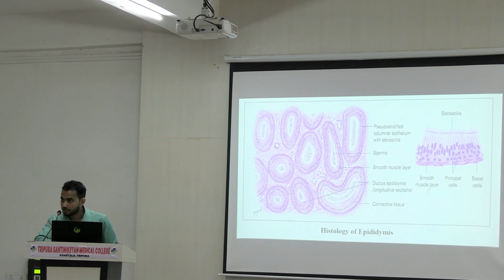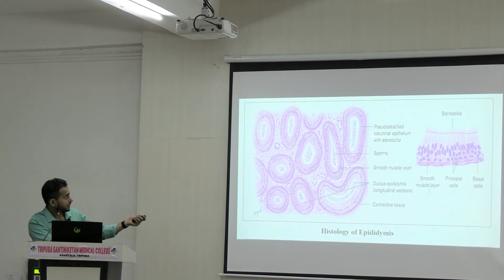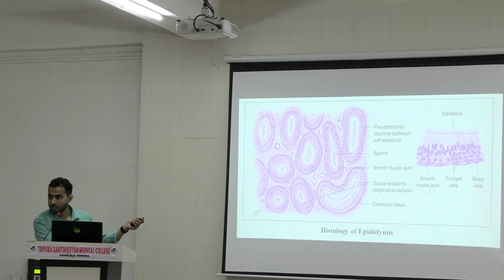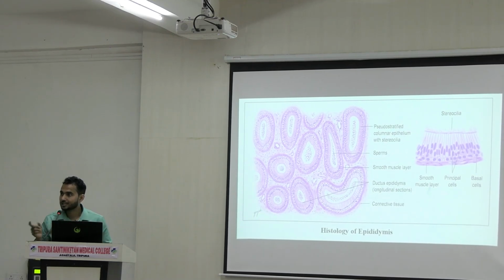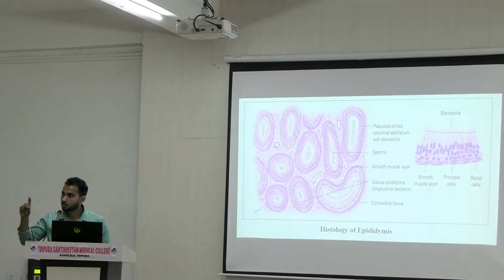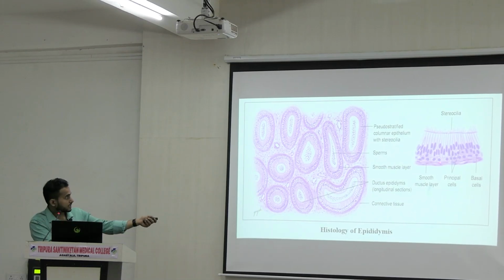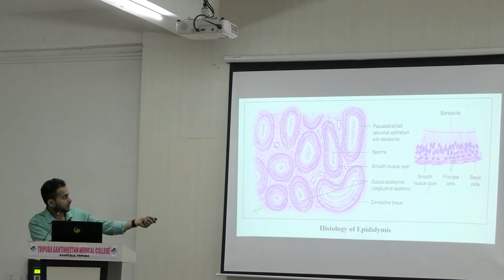Next important point, though it is pseudo-stratified, the shape of the cells is also different. So it has principal cells which are tall and basal cells which are short. See the magnified image. You can see the principal cells, the taller cells, and you can see the short basal cells.